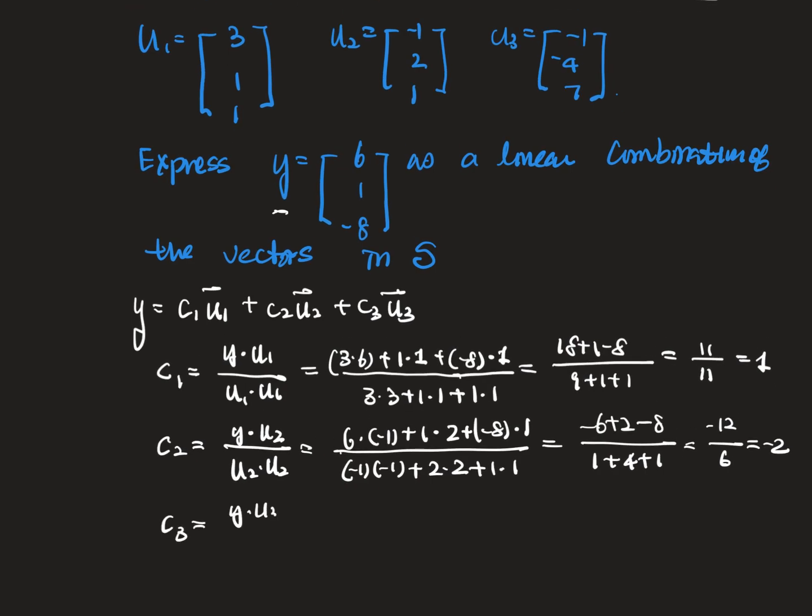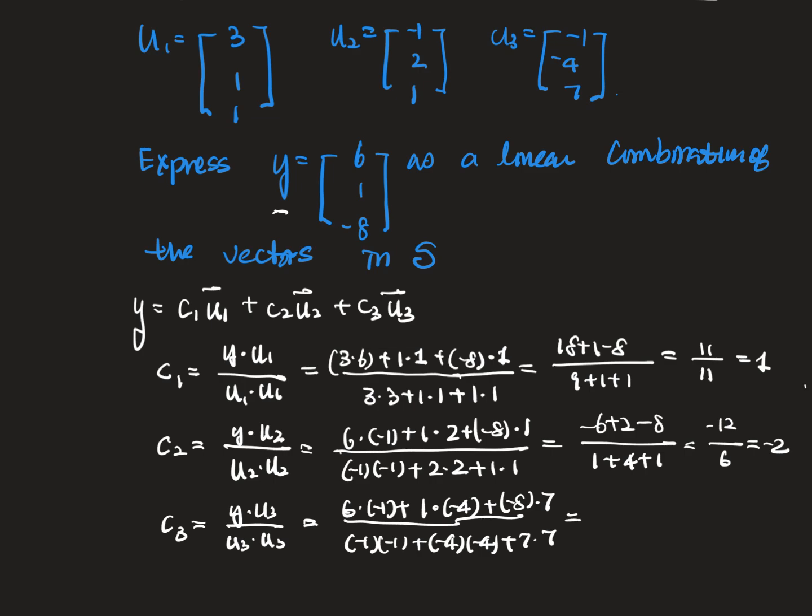Y inner product u3 over u3 inner product u3. That's 6 times negative 1, 1 times negative 4, negative 8 times 7. That gives negative 6, negative 4, negative 56.